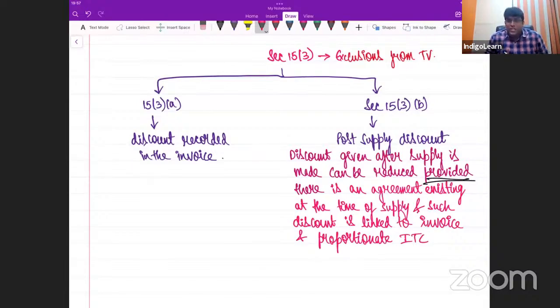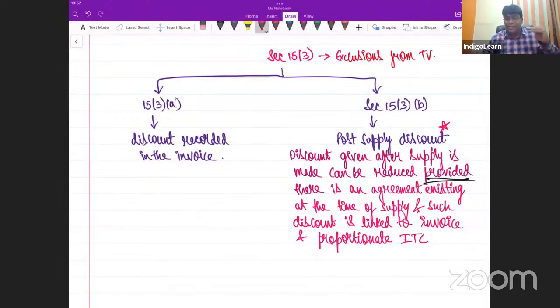So we know that when supplier gave a bill to customer or recipient, he would have charged GST. Now that recipient would have taken the credit. Now discount is coming subsequently, post supply discount. Then supplier is reducing the tax. When supplier is reducing the tax, recipient should also reduce the input tax credit.